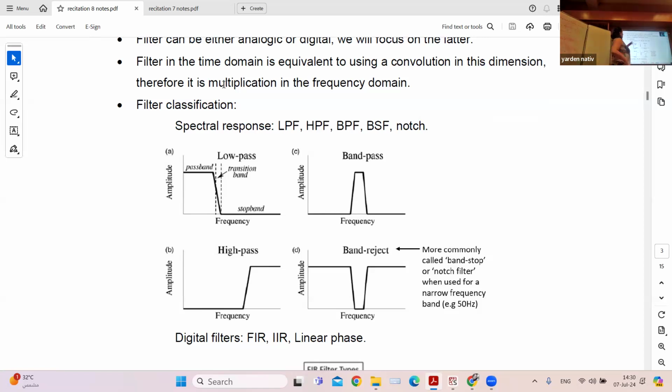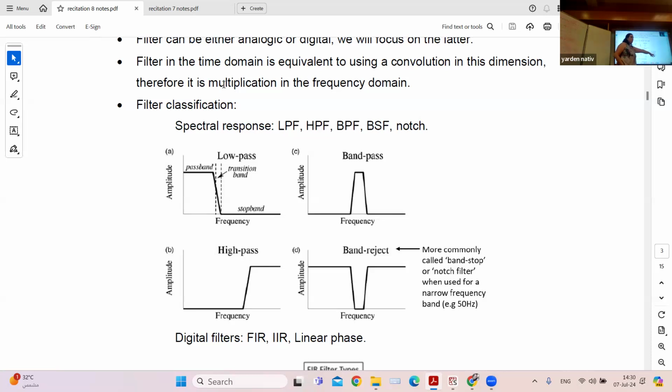So we said that there is this low pass. Band pass means that we are interested in specific frequencies, like we had before in the theta, alpha, sigma, and so on. High pass means that we are interested only in the higher frequencies, and band reject. Okay, this means that we want to erase specific frequencies, and this has another name.